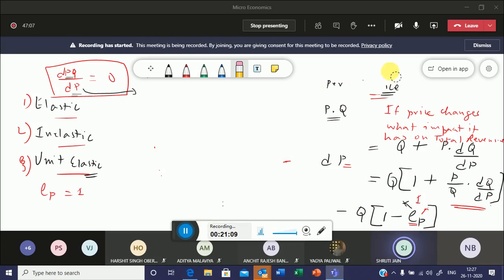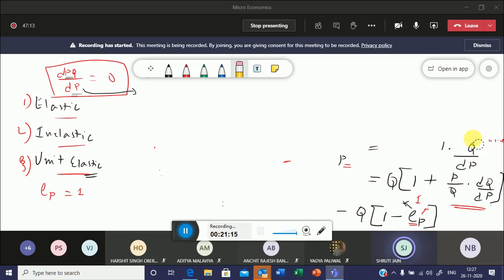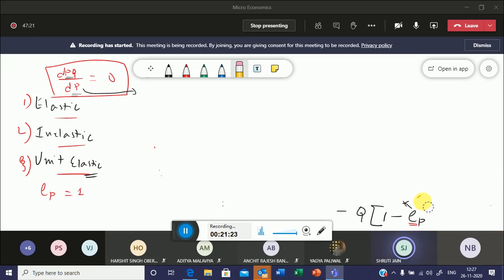Greater than 1 means the quantity demanded changes by more than the change in price, because ultimately we are trying to look at the change in price and what its impact is on total revenue.